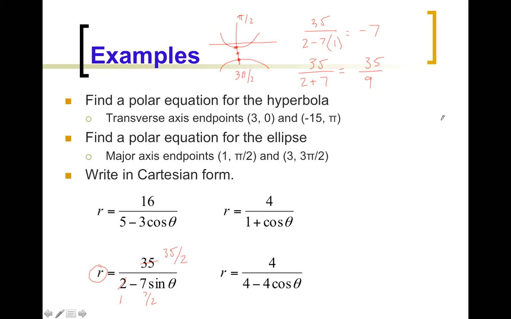Okay, now what? What do those even tell me? Well, 35 over 9, if you were to calculate this out a little bit, 35 divided by 9 is actually 3.8 repeated. And that means when I go to graph this, this point is actually 3 and 8/9.